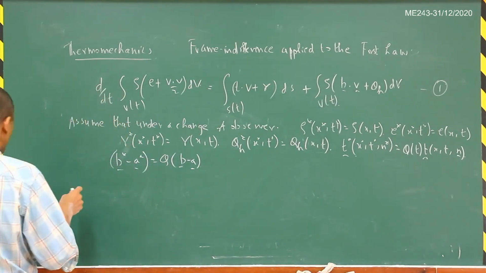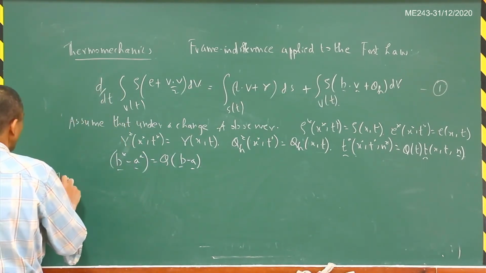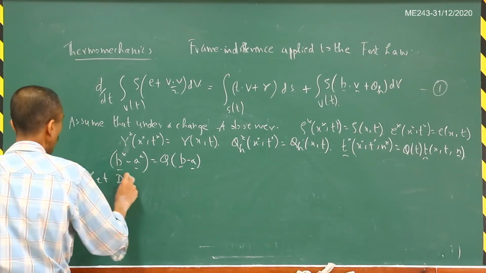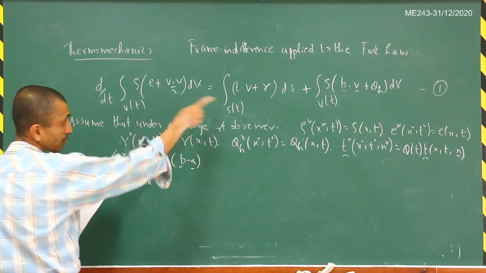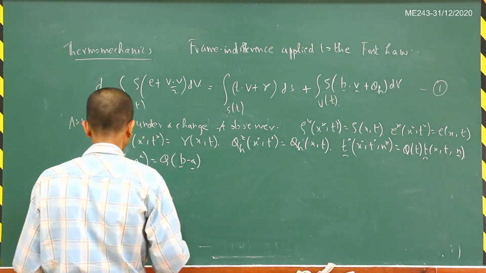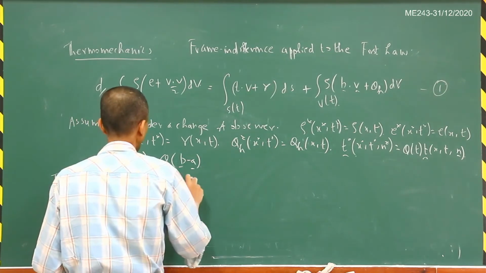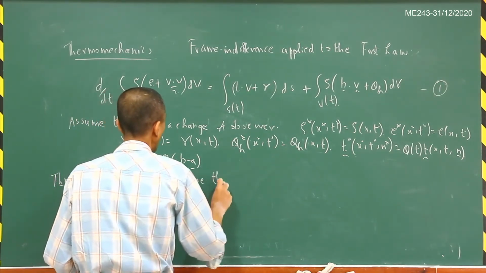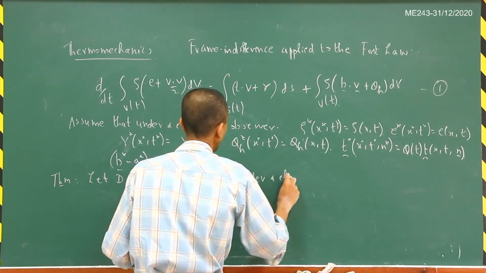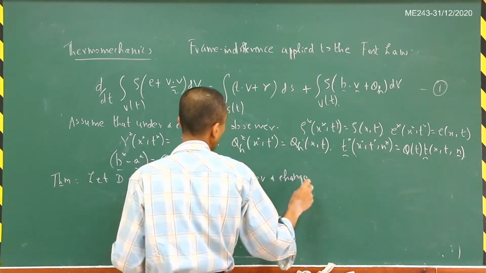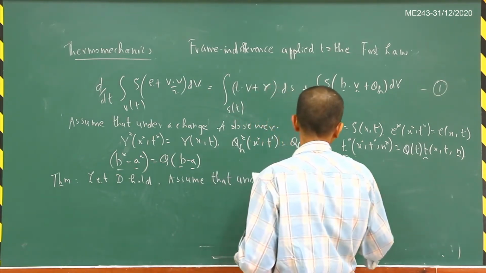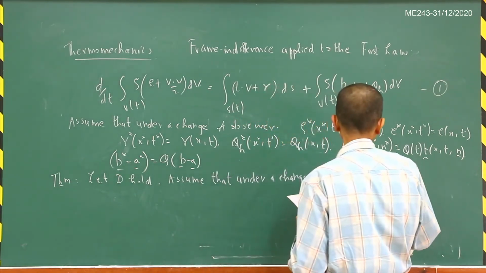So let us say now, let 1 hold. That means the first law of thermodynamics, let that hold. Then assume that under a change of observer, one has the same form.